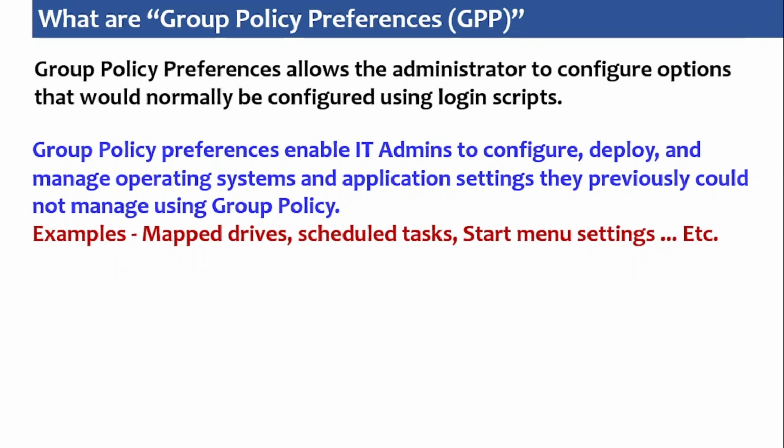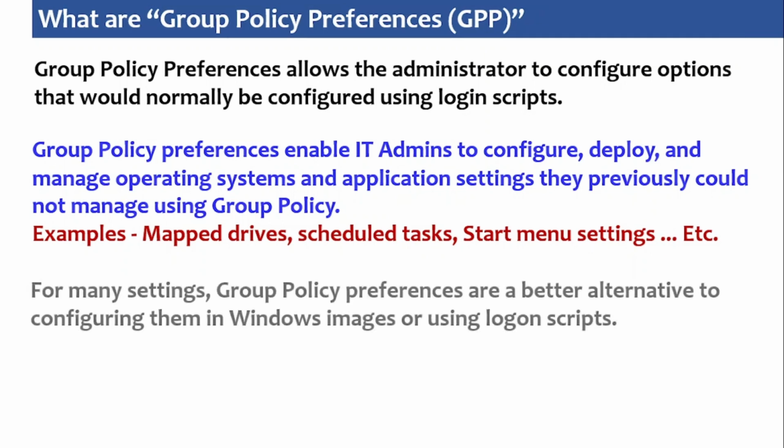The admins used to use a logon script for that. So for many settings, group policy preferences are better alternatives to configure them in Windows images, or using logon scripts.